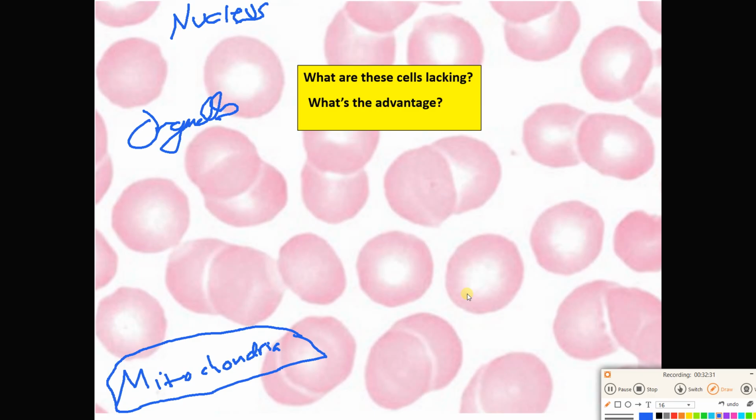We make ATP, which is a source of energy, right? We use nutrients and we make ATP. Do you know what else gets used up in mitochondria? Oxygen gets used up in mitochondria. So if red blood cells have no mitochondria, they cannot use oxygen.